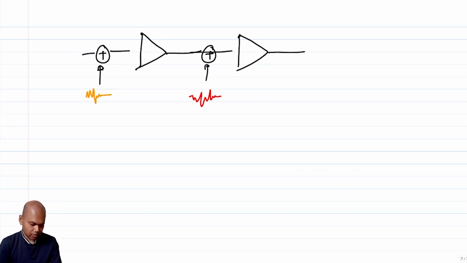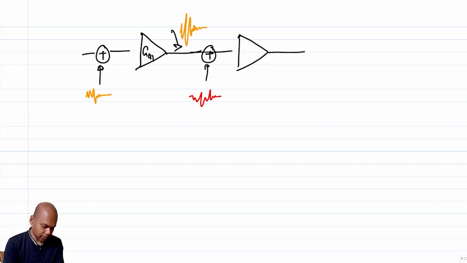So what happens after GA1? You see the noise contribution of the first stage gets amplified and appears at this stage, right? So you are going to see something like this. Now at the output of the second stage, both the orange and the red ones are going to get amplified identically.